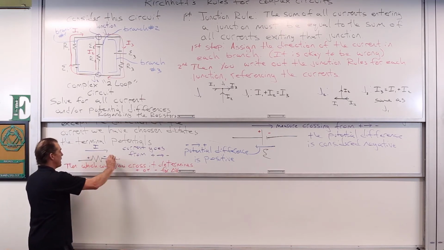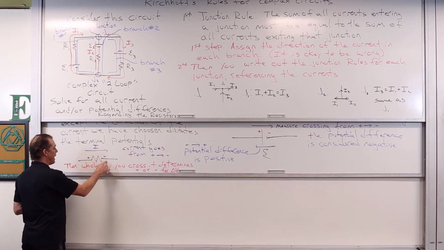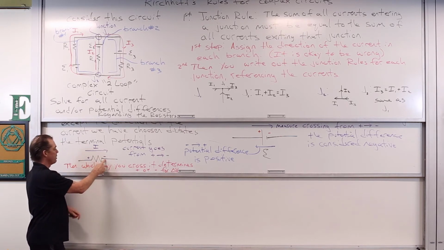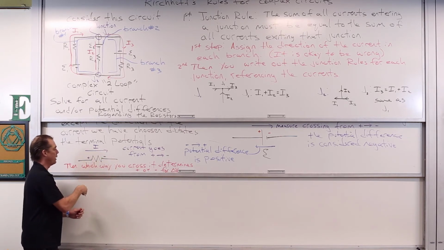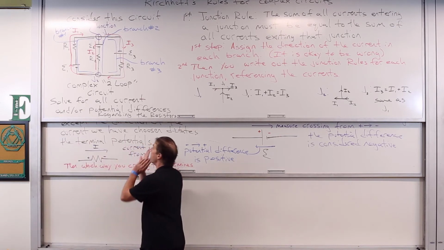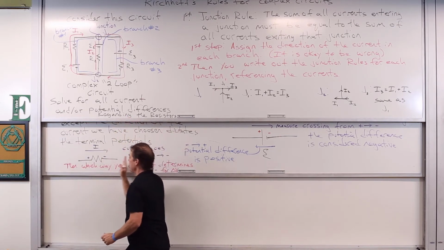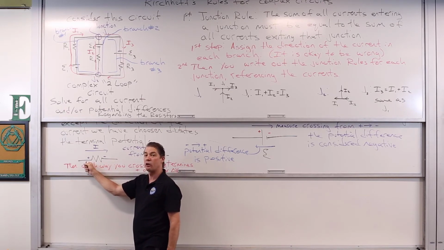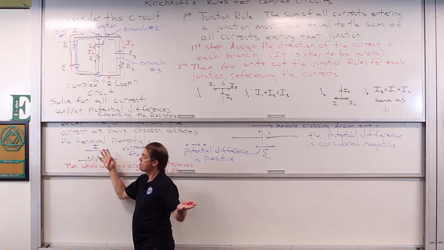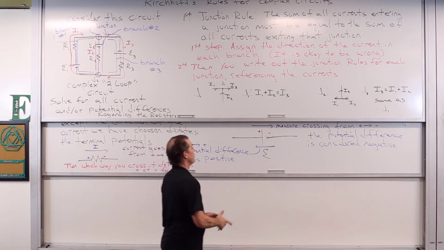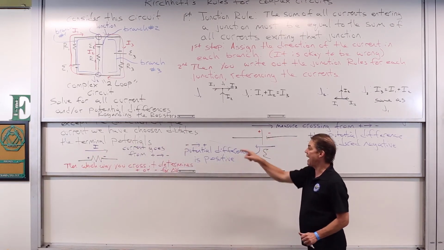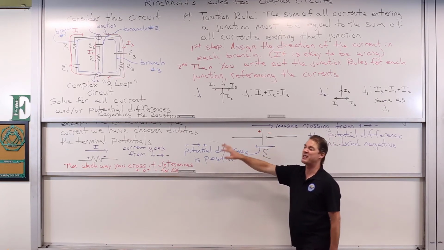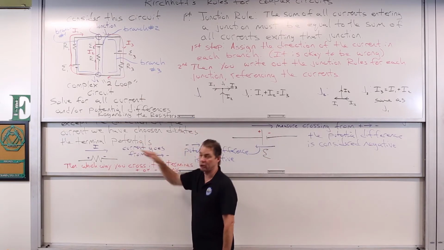So if I go across it in the direction of the current, I'm going from plus to minus. The potential difference would be considered negative because final minus initial would be low minus high, minus minus plus. If I cross it in the opposite direction of the current, I'm going from minus to plus. The potential difference would be considered positive. And that's it. That's the same thing we had regarding the source potentials. The difference is the terminal potentials for the resistors are dictated, again, by the current's direction.